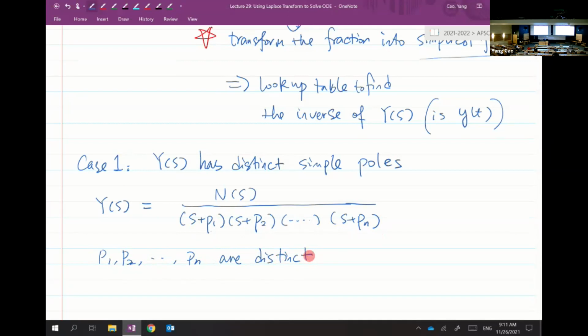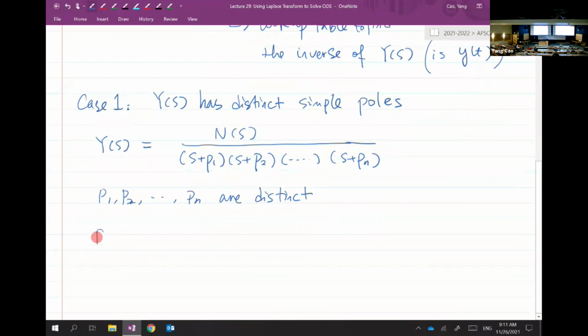Technically, the poles for this Y of s are negative P1, negative P2, up to negative Pn. If you let each one of the factors equal 0, you get the solutions negative P1, negative P2, negative Pn. That's what we call poles. If you recall at the end of the previous lecture, the definition of poles is that when you let the denominator equal 0, the solutions are called poles.